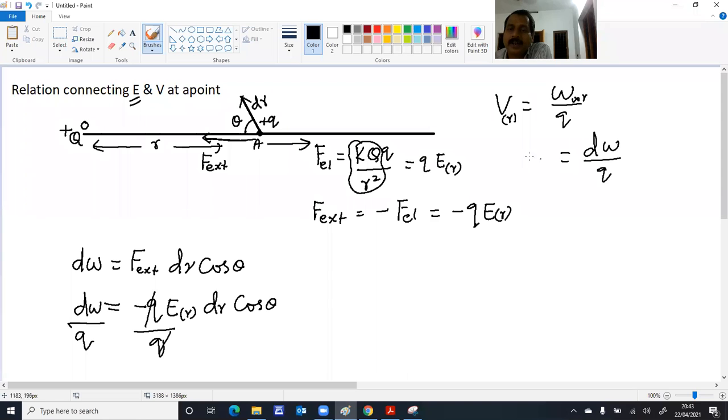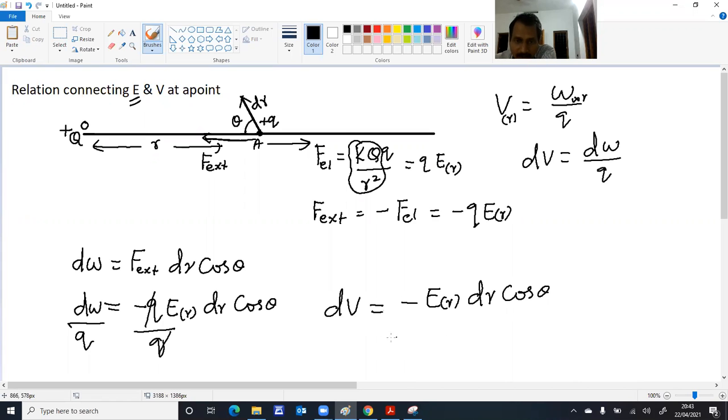Small work by charge, dV. So I can change this dW by Q as dV equal to minus E dr cos theta.